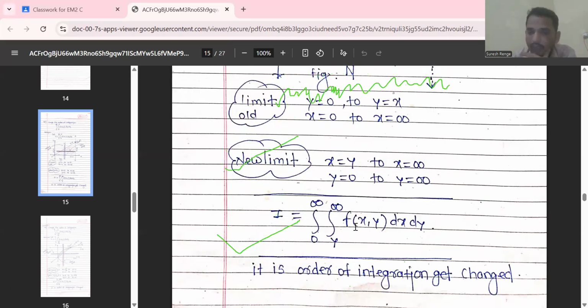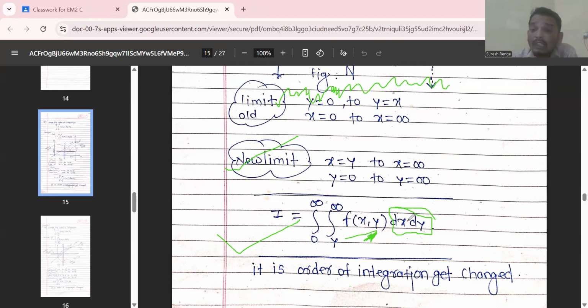Write down the double integration of f of x, y. We want to change this integration; earlier it was dy dx, now we are writing dx dy, f of x, y, this is a function of x and y.